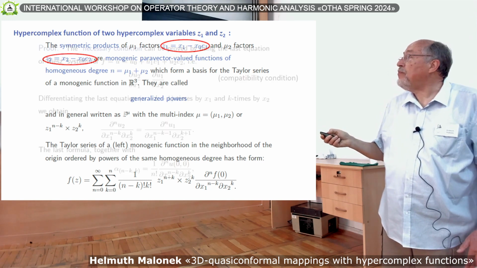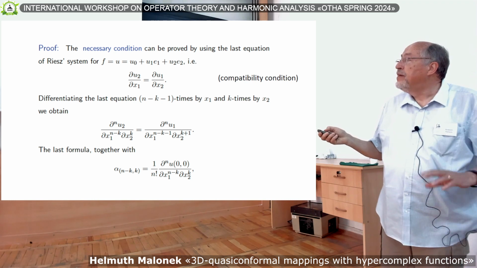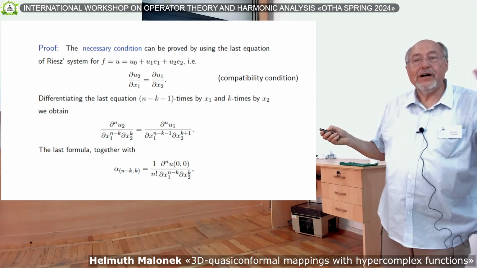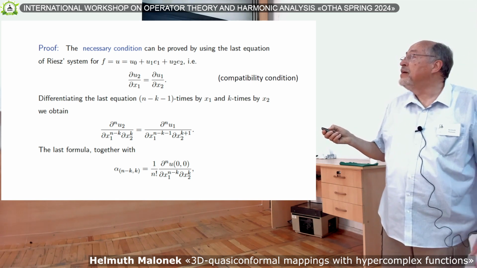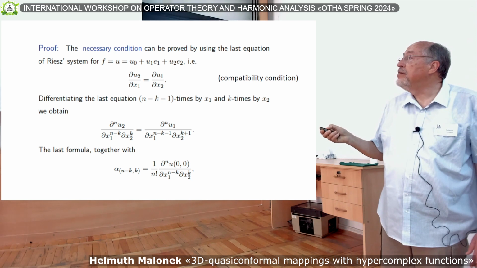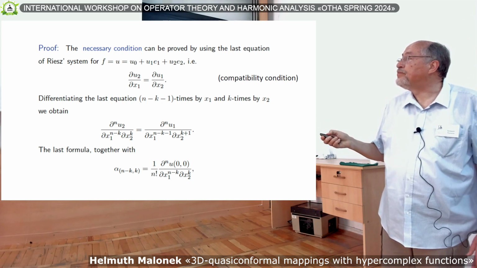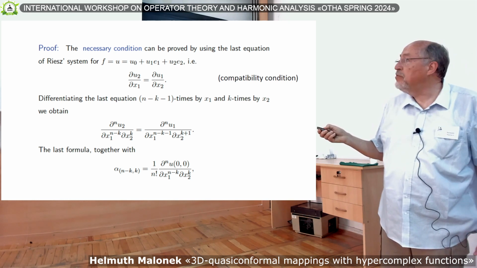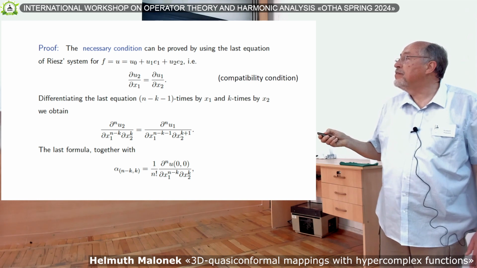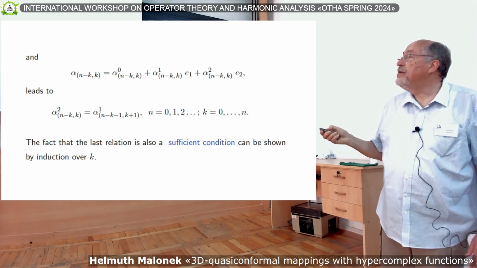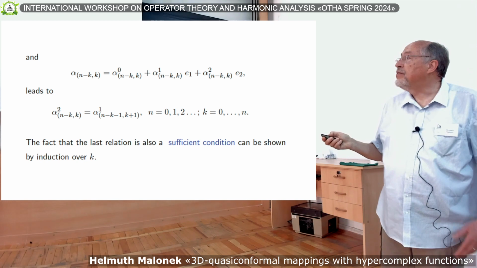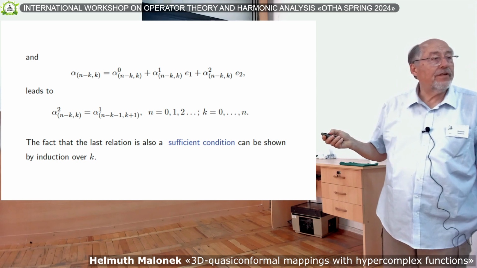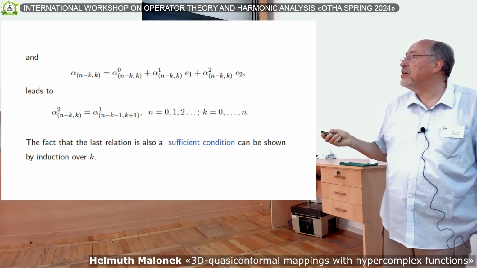And then we can prove that these coefficients have to have equal parts in the E2 part and in the E1 part, because if you are differentiating this compatibility condition, now written with U2 and U1 instead of F1 and F2, exactly this condition comes out, and then you see how it works. This is a necessary condition, of course, but it can also be shown that this is a sufficient condition by induction over K.